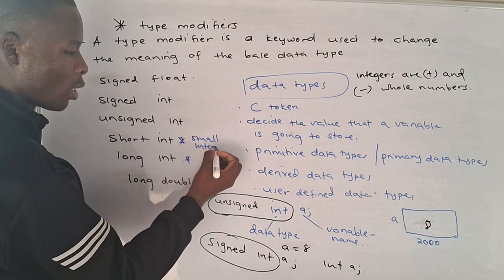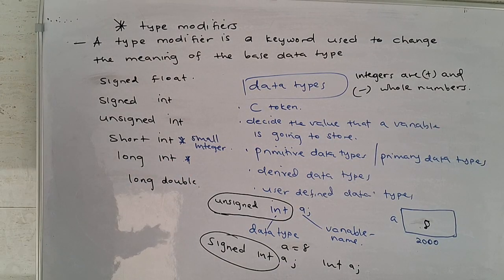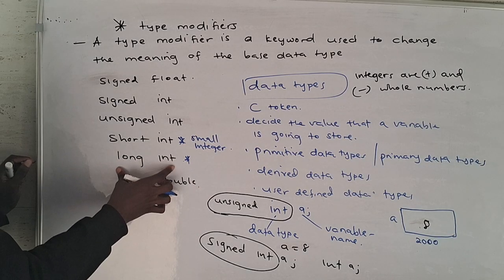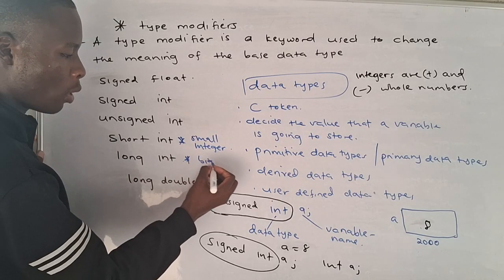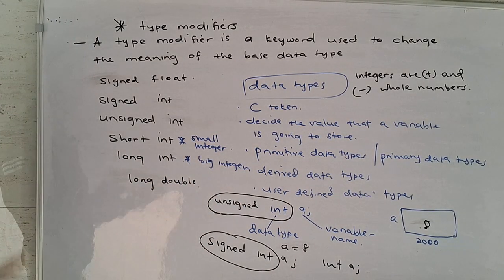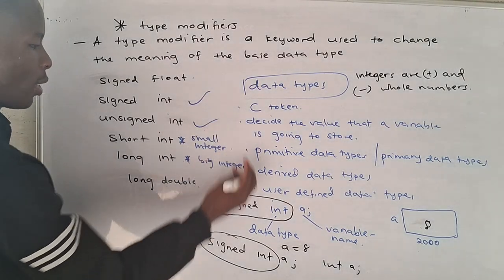Short integers take a small amount of space. What about long int? We use long int if you want to store a big integer. A big integer requires much more space.